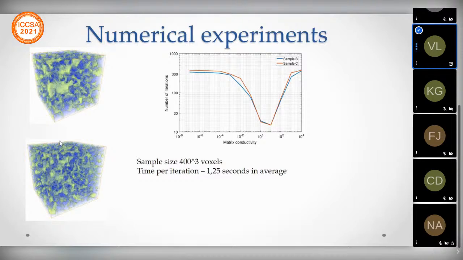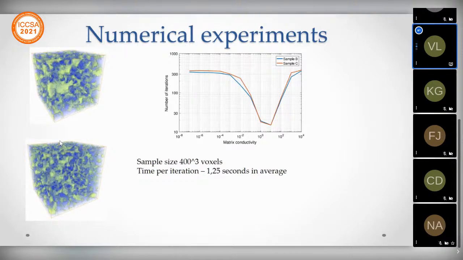If we use this sample and try to solve the Poisson equation for such a sample, on average the time per one iteration is about 1 second, and the number of iterations depends on the difference between the matrix conductivity and the fluid conductivity.